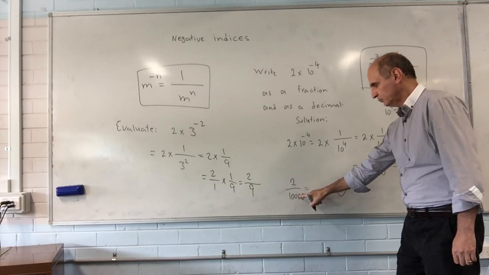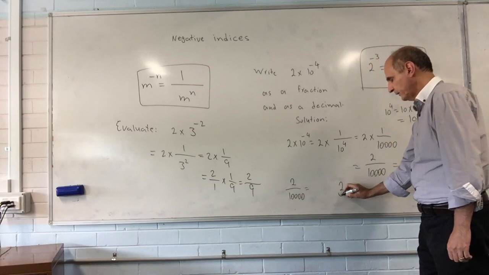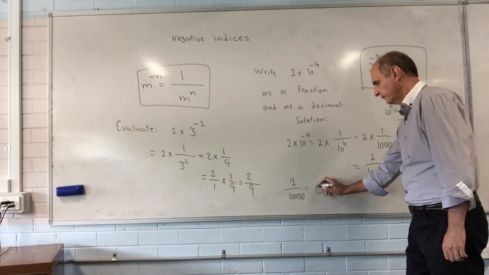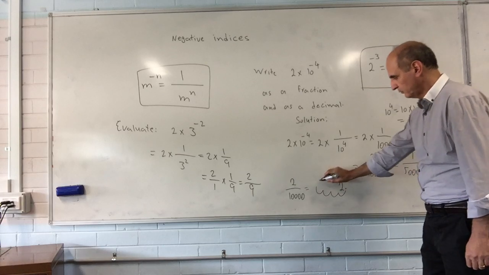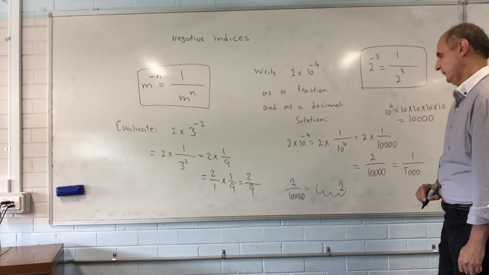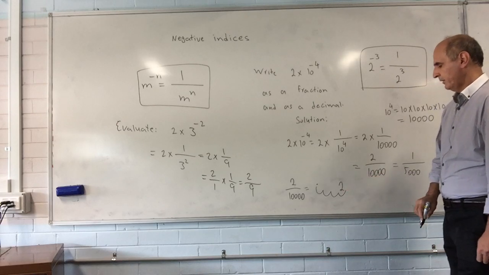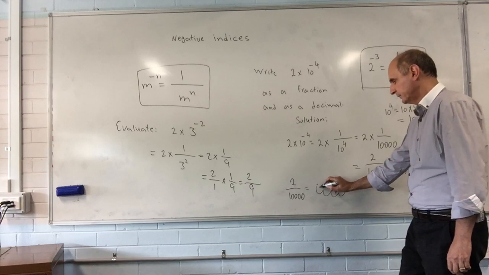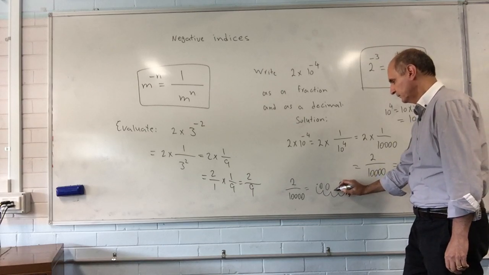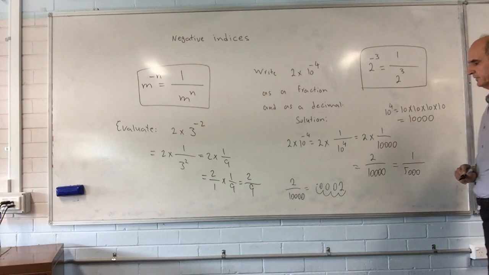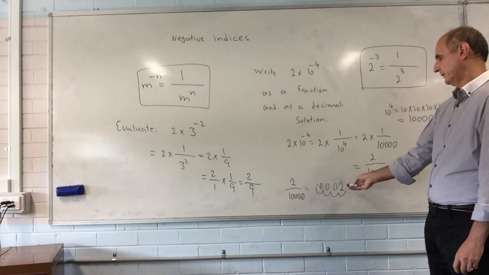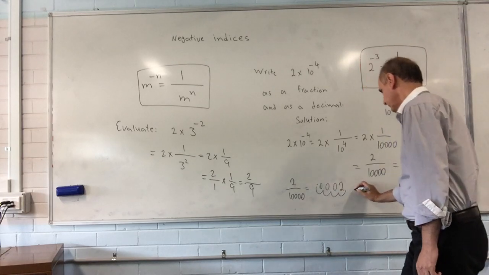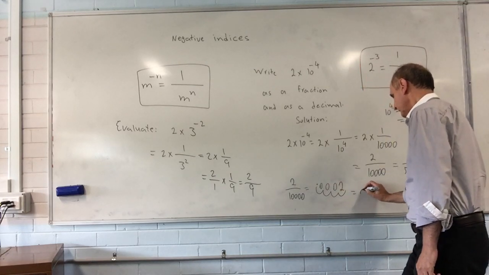I have 4 zeros, so I need to move the decimal point 4 places to the left: 1, 2, 3, 4. Then I fill all the empty places with 0. So that's my answer: 0.0002.